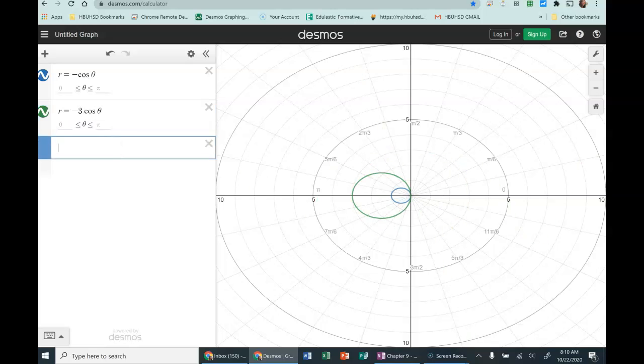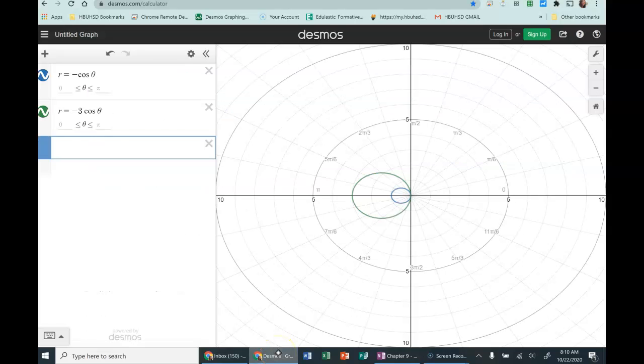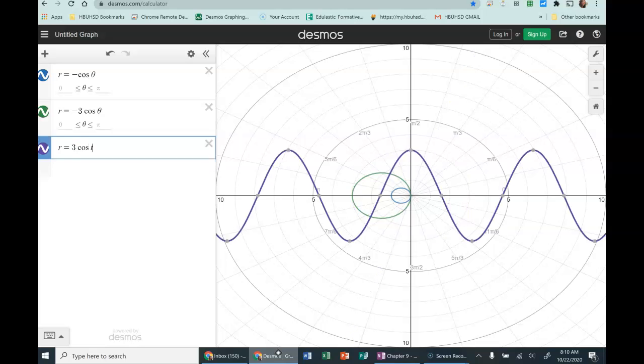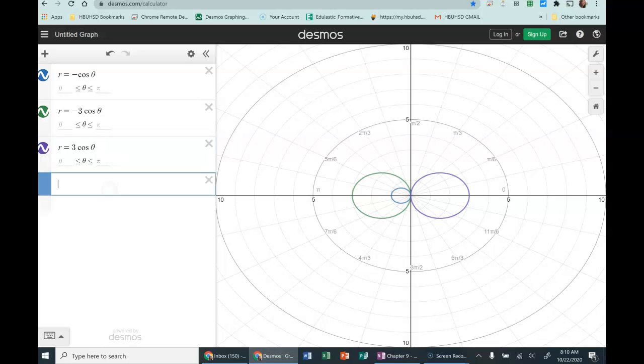Then the last ones, how many are there? 1, 2, 3, 4. So I got negative, negative, positive, and positive. So I got positive r equals 3 cosine of theta, and the last one r equals 6 cosine of theta. And then I need you to fill out the shapes.